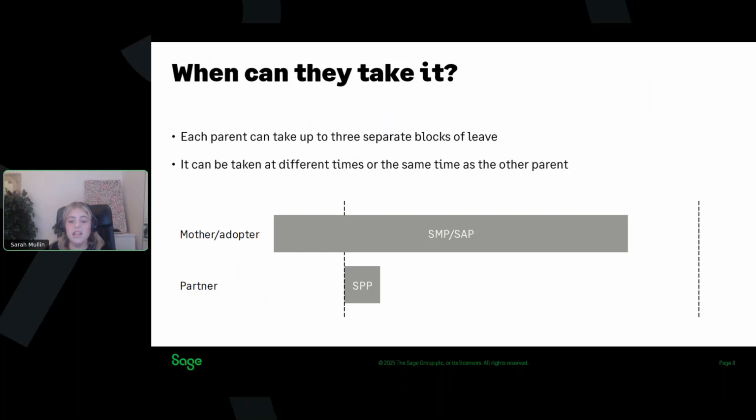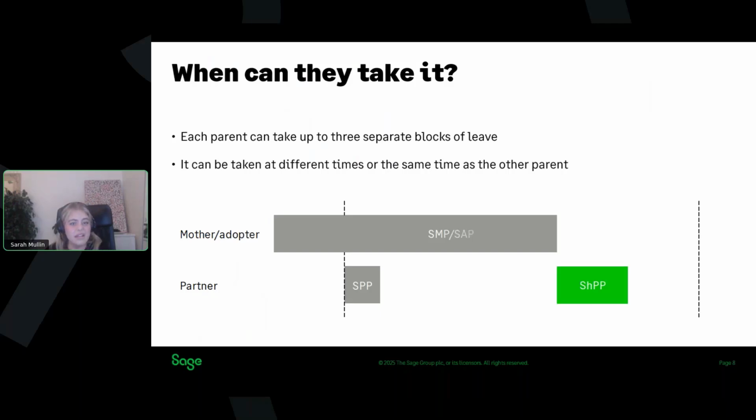The partner would then take their statutory paternity leave, which can now be split into 2 weekly blocks. That is something that has relatively recently changed. So that's taken in either a 2-week full block or 2 weekly blocks after the birth, and they have to take that in the 52 weeks after the due date. So that's the first example: your traditional statutory maternity pay or adoption pay and your statutory paternity leave as well.